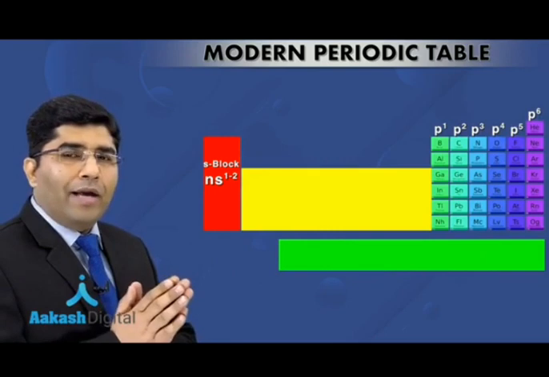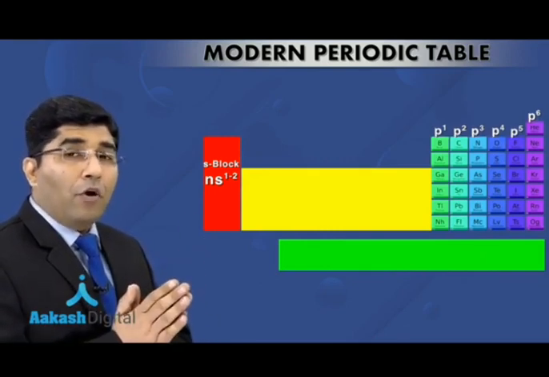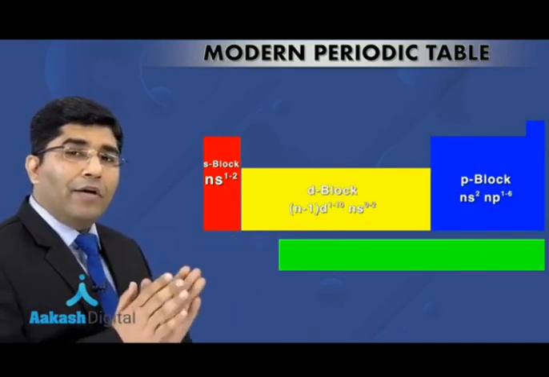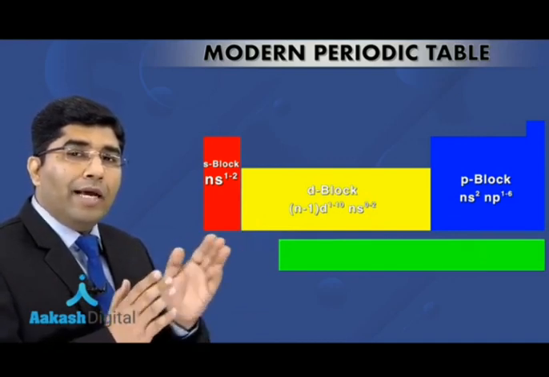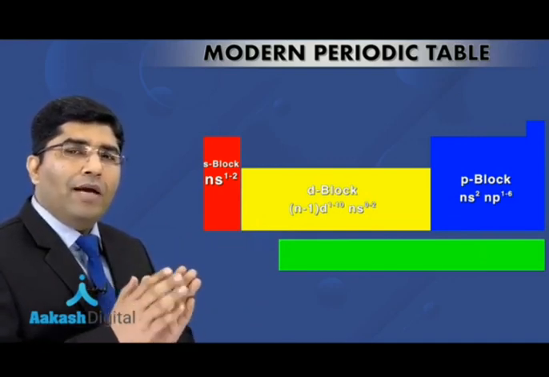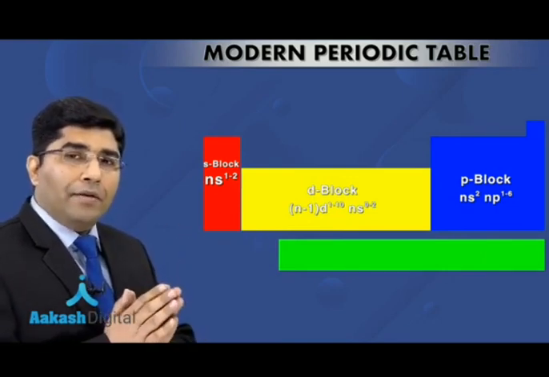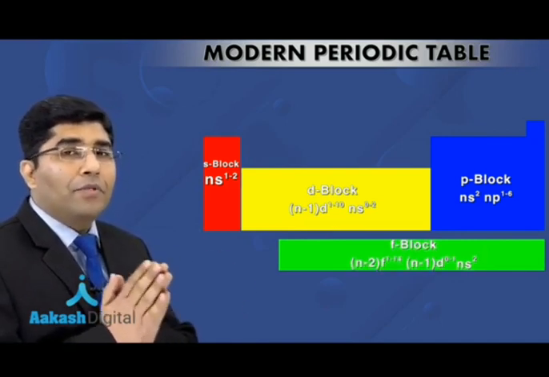That's why the p block is called the p block. If you talk about the d block, then you can see that the electronic configuration is d1 to 10, meaning we will fill the electrons from d1 to d10. And in the f block, the filling of the f subshell will take place.